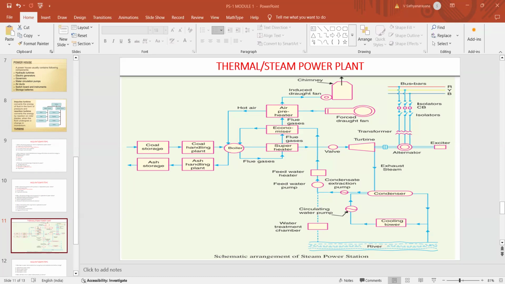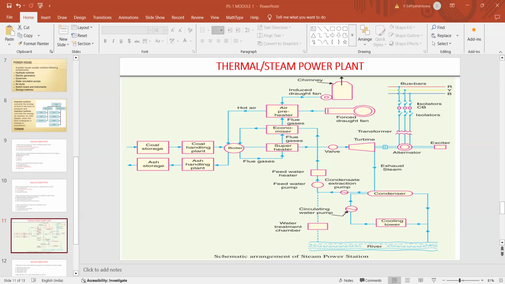Unable to zoom. You can see there is a condenser. Are you able to visualize it above the cooling tower? Yes, sir. Where is the input of that condenser? For the condenser, the input is coming from the circulating cooling water pump. Right.